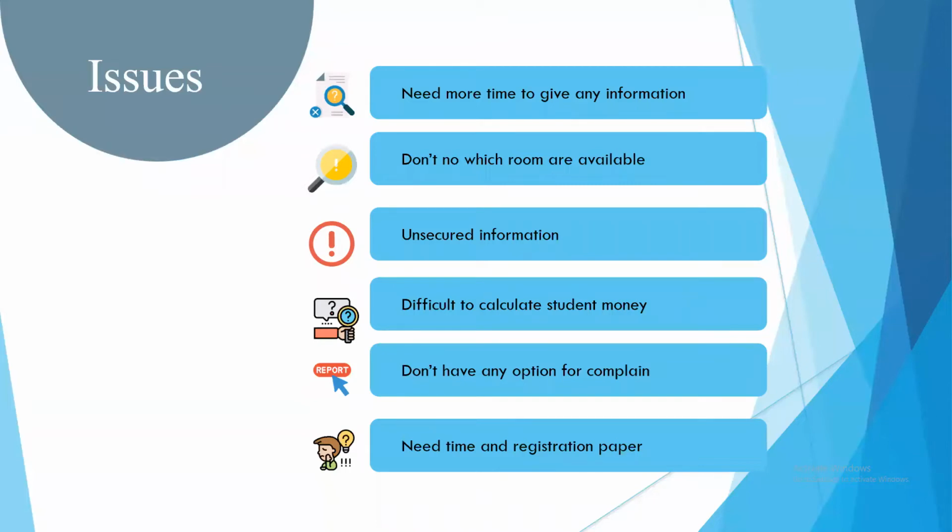It is difficult for the hosteler to calculate every month's hostel fee for each customer. Sometimes the calculation might be wrong, which impacts the hostel's image. Students cannot get routine questions answered quickly, and it takes many days to insert new student data, which is a very lengthy process. So now let's move forward to the next slide, which is the objectives of our proposed system.